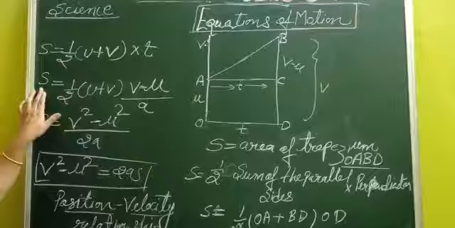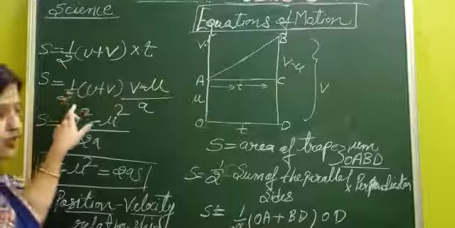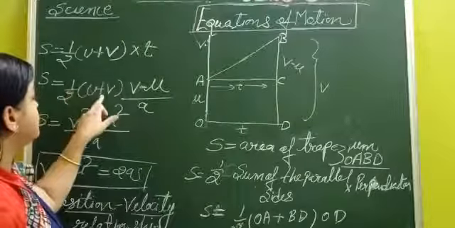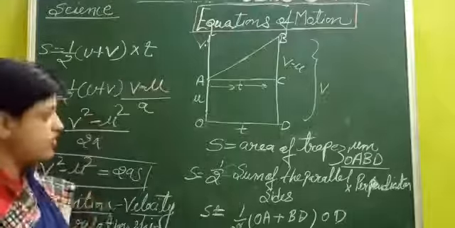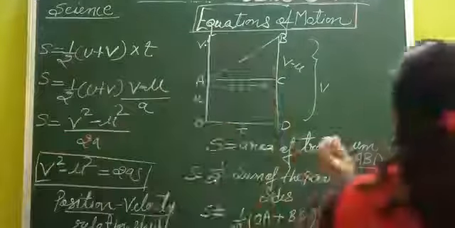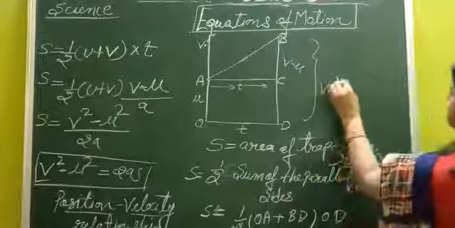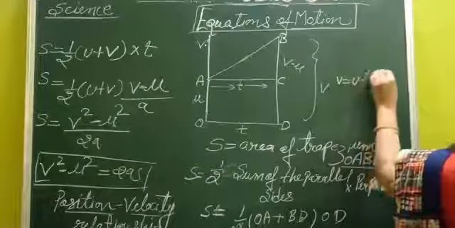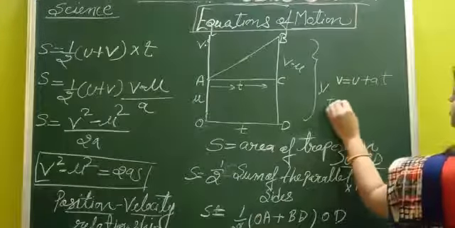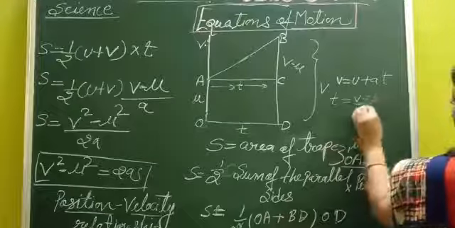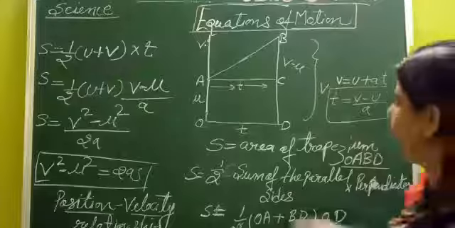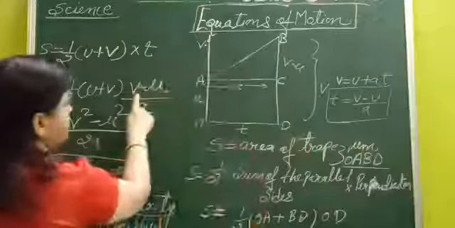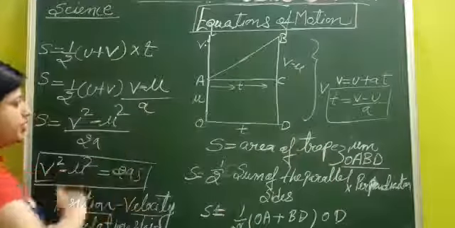So area equals 1 upon 2 (U plus V) and the value of T from equation number 1. What is equation number 1? V equals U plus AT. So T equals V minus U upon A. This is the value of T. So put the value of T here, V minus U upon A, right?